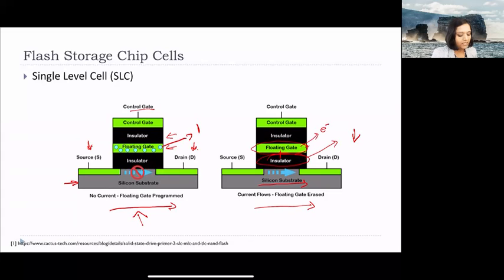And this is exactly the reason behind the limited number of program-erase cycles of every NAND cell. It depends upon this degradation over time, and eventually we would be at a stage where we wouldn't be able to differentiate between electrons stored versus electrons not stored. That's the state where this NAND cell is no more usable.